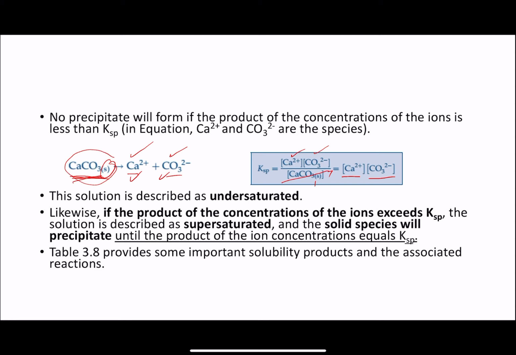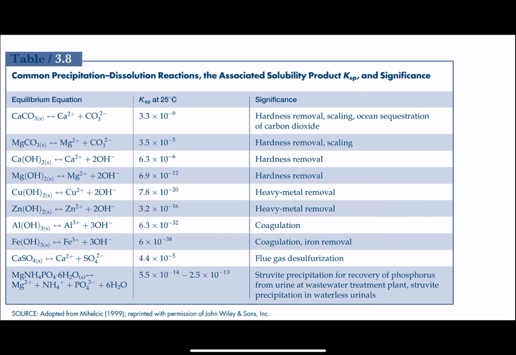If the product of this times this exceeds KSP, then we call it supersaturated. So the solid CaCO3 will precipitate easily until the product of the ion concentrations equals KSP. So for every reaction there is a KSP, and of course there is a significance, hardness removal.